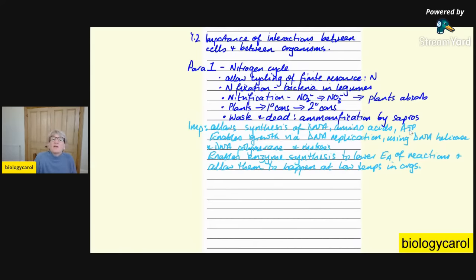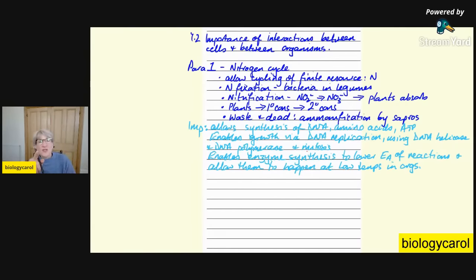The accumulation of nitrogen in an organism allows the synthesis of DNA, amino acids (proteins), and ATP. Those are probably the three most important molecules. It also includes coenzymes, NAD and NADP, but you might not remember those two. So this enables growth of the organism. This is important because it enables growth of the organism.